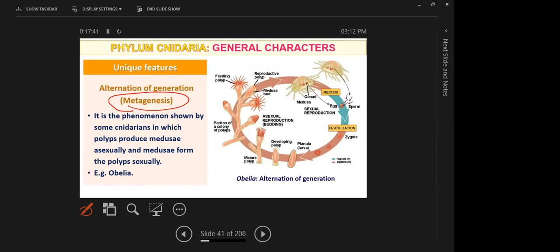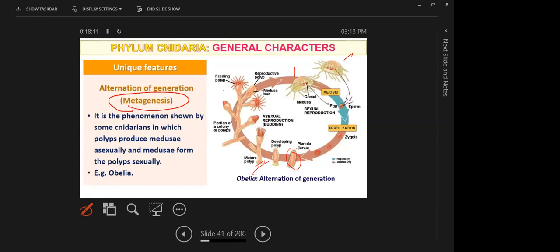So here you can see the complete picture. This is the jellyfish, Aurelia. Female and male, fertilization, zygote. Now it develops into a larva and then a polyp. This mature polyp becomes an adult and forms buds.